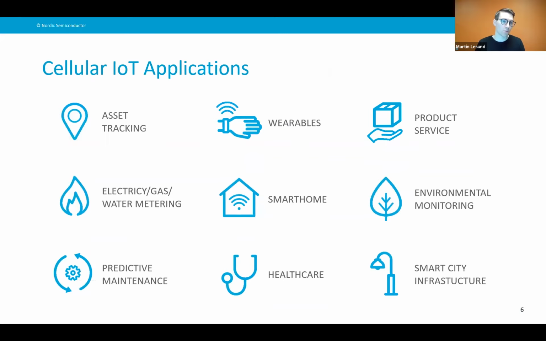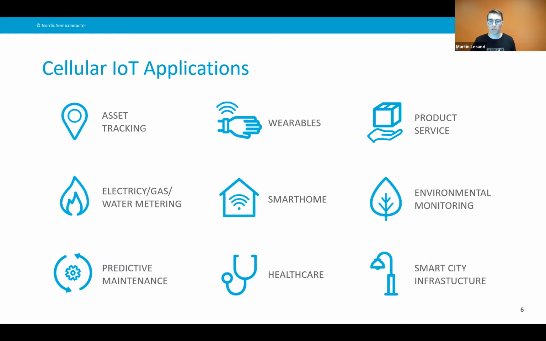So here are some quick applications suitable for cellular IoT. It's asset tracking, wearables, for example, product service, water metering, electricity, gas, typically devices that will stand still for a long period of time and not move. Maybe NB-IoT could be more suitable.